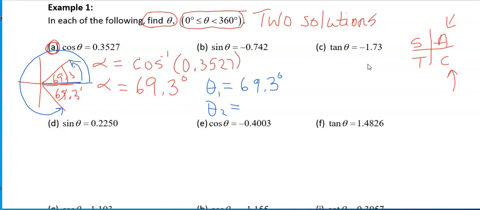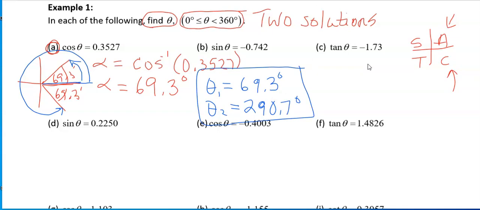Now the calculation that you would do here to get your theta is actually 360 degrees, which is what it would be if you went all the way around, minus 69.3 degrees. And if you type that into your calculator, I'm pretty sure you're going to get 290.7 degrees. So there's your 2 values of theta.